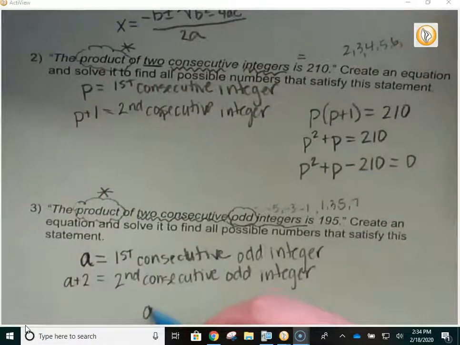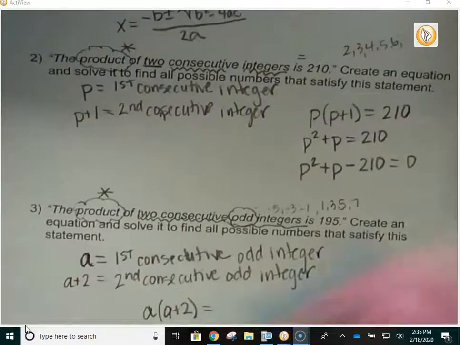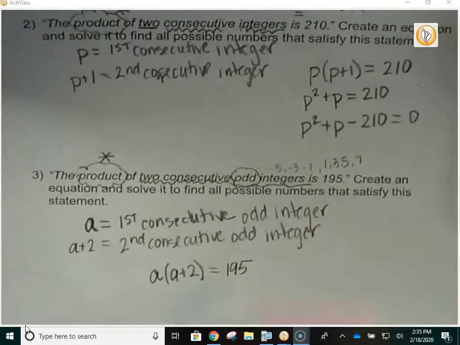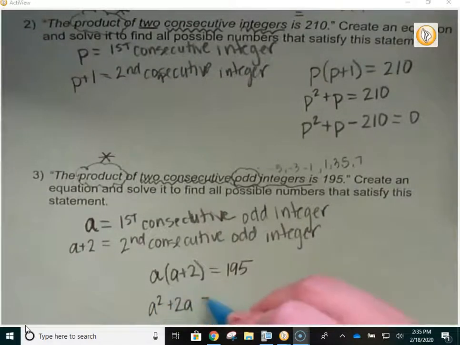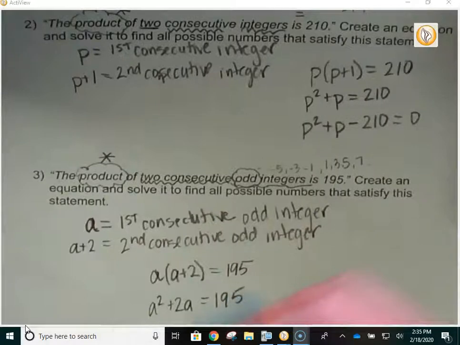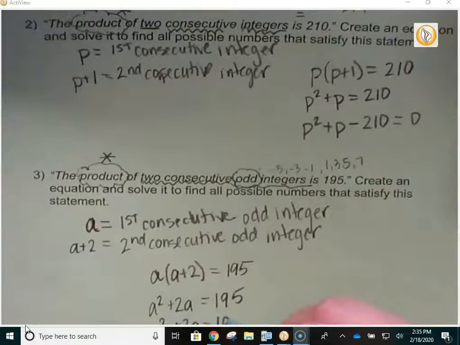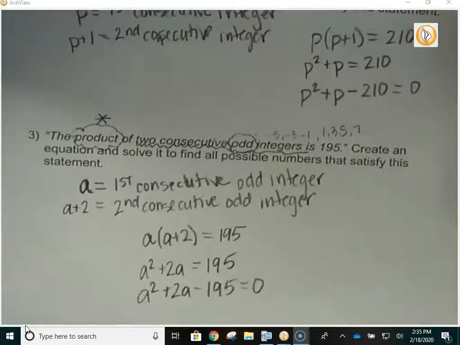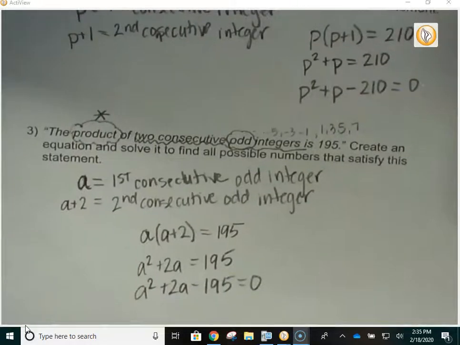So we've got a times a plus 2 equals 195. That's all we have to do to translate, and then you can do the math. Get it equal to 0. And you can solve by the quadratic formula, or you can solve by factoring, or you can solve by graphing. Any of those options works.